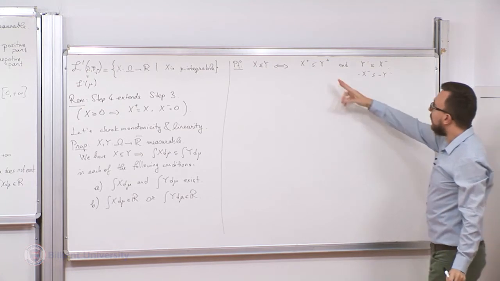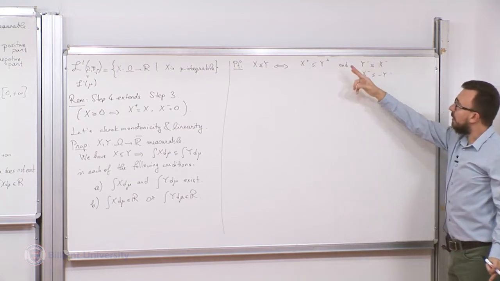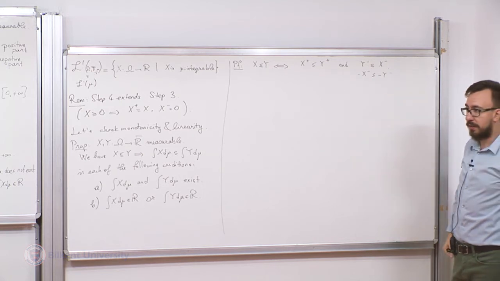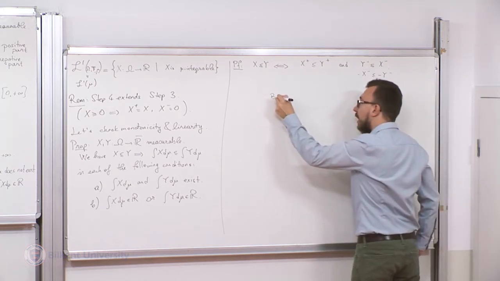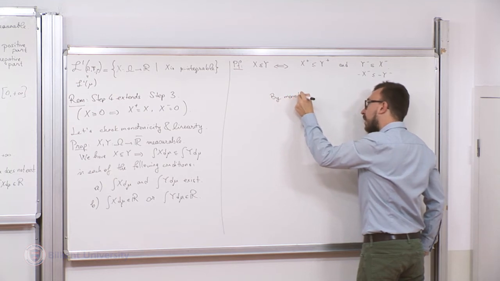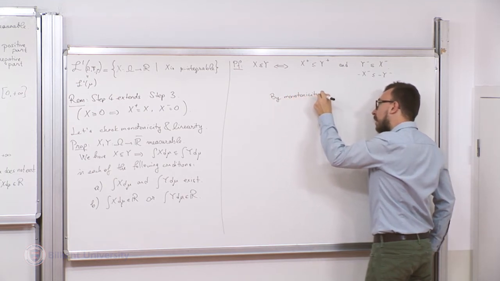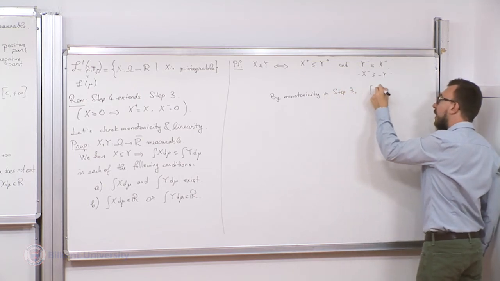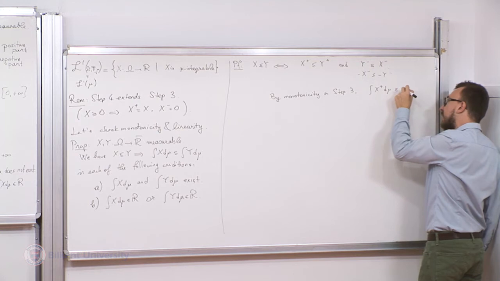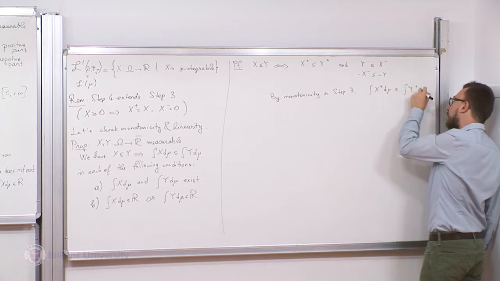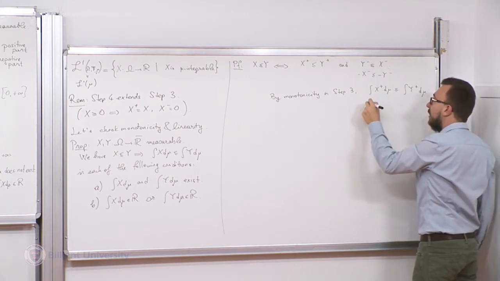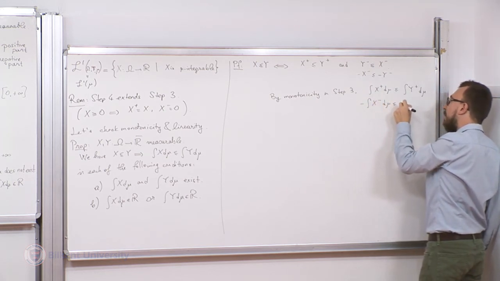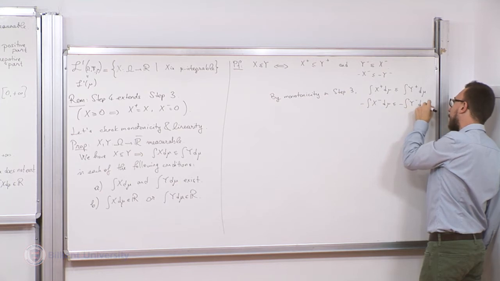So now, why did we do that? Because these are positive functions. So now we have monotonicity for positive functions. By monotonicity in step 3, we have the integral of x plus is less than the integral of y plus, and minus the integral of x minus is less than minus the integral of y minus.